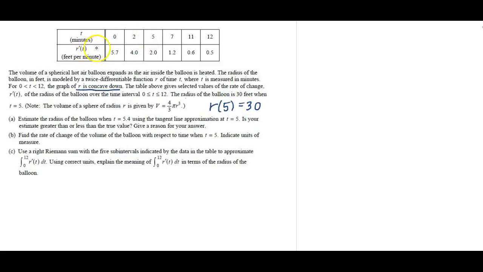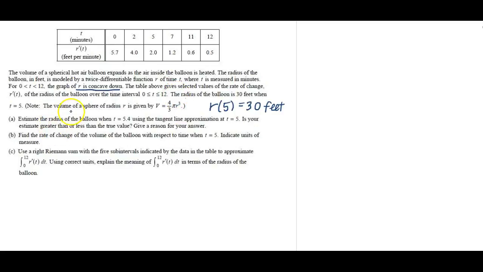So notice r prime of 5 is 2. So exactly at 5 minutes, the radius is 30 feet. The difference is that exactly at 5 minutes, the radius is growing 2 feet per minute. But right at 5, the radius is 30 feet, right? So those are the two different pieces of information we were given exactly at 5.